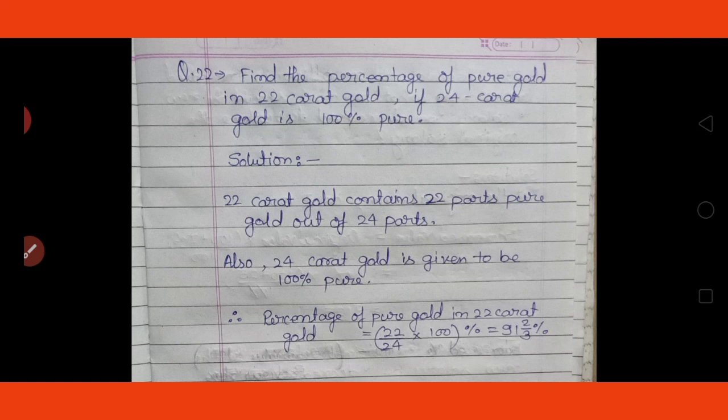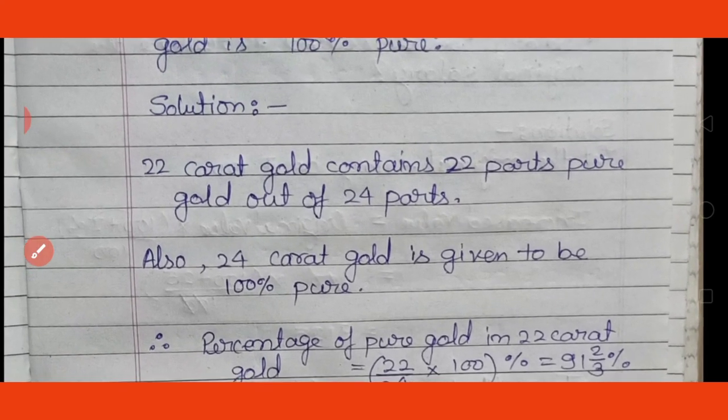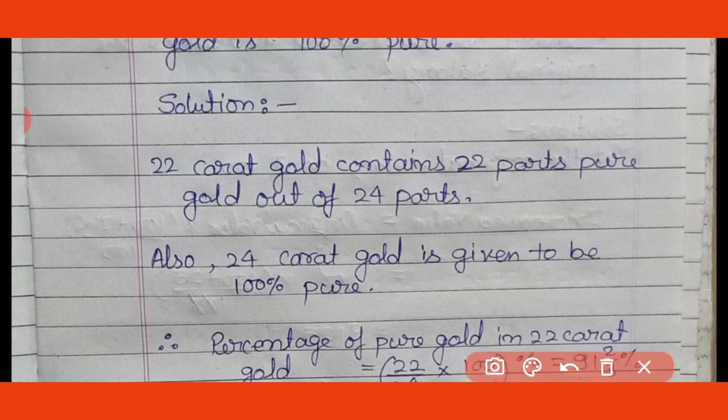And the last question of this exercise: find the percentage of pure gold in 22 carat gold, if 24 carat gold is 100% pure. If 24 carat gold is 100% pure, it means 22 carat is less than 24 carat. Either you can say that 22 carat gold contains only 22 parts of pure gold out of 24 parts.